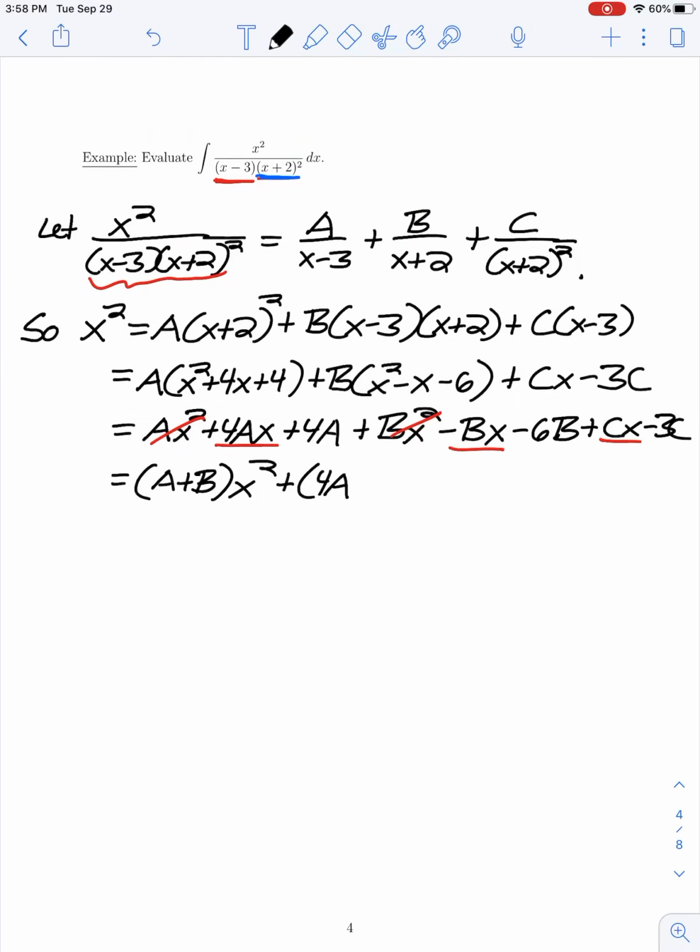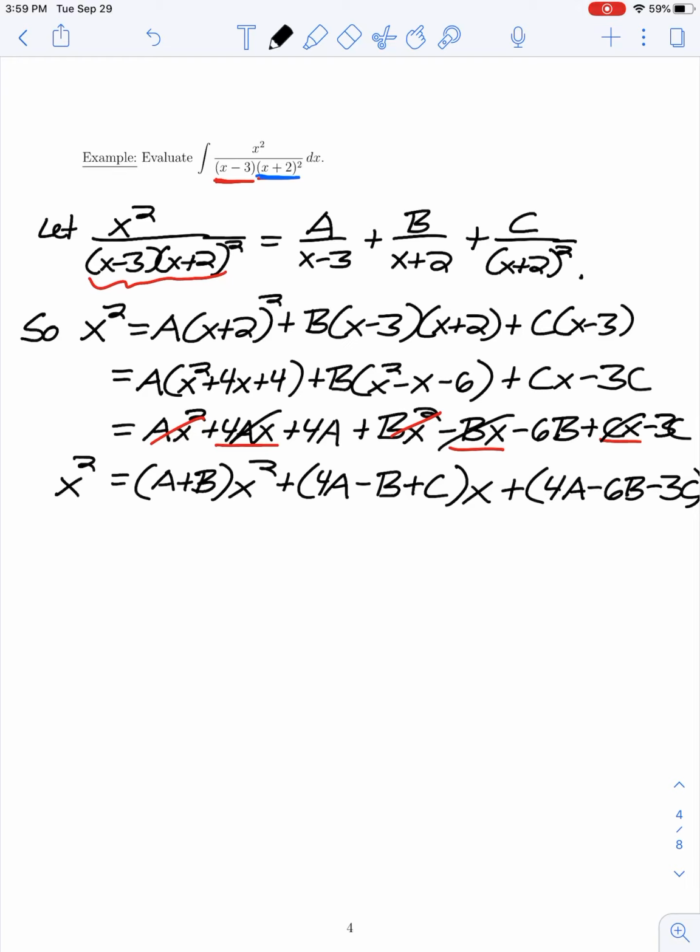So grouping those, I would have (4a minus b plus c) all times x. And then grouping my constant terms, I have 4a minus 6b minus 3c. And this has to equal x squared.